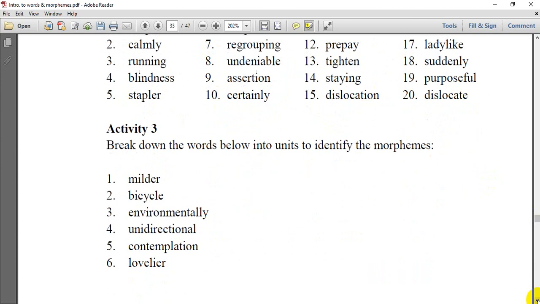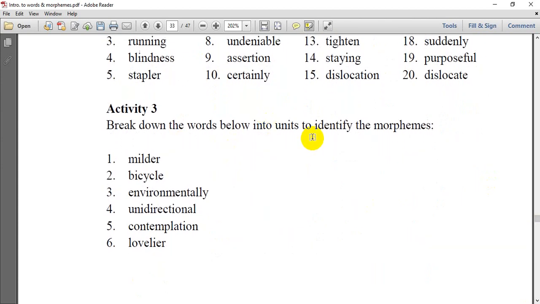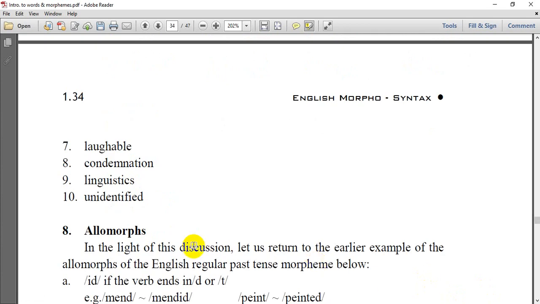Next activity: break down the words below into units to identify the morphemes. For example, bicycle has two morphemes, bi and cycle. Lovely has two morphemes, love and ly. Lover has two morphemes, love and er.